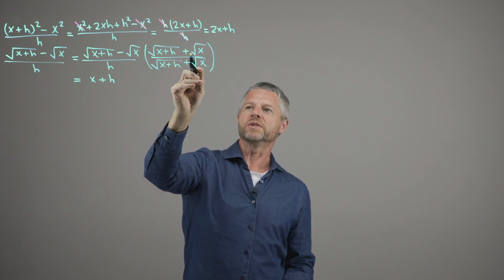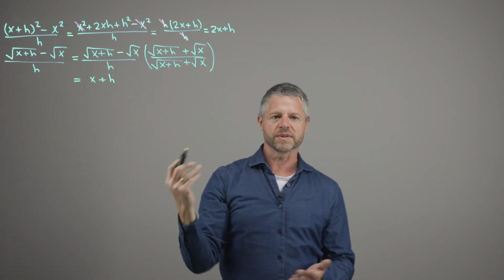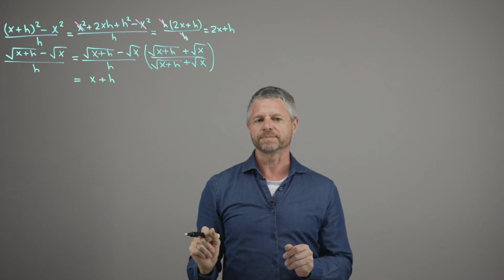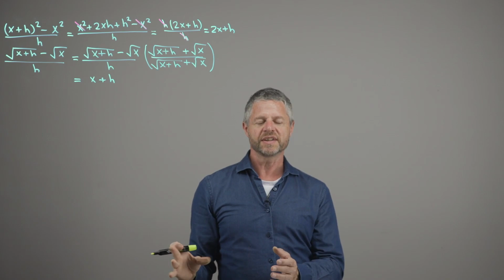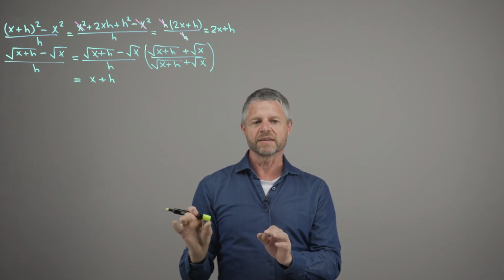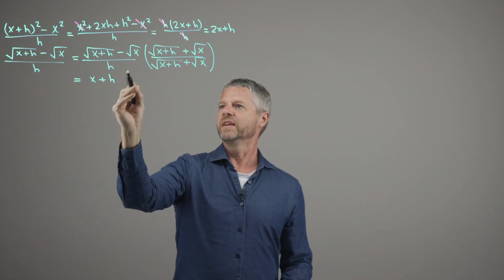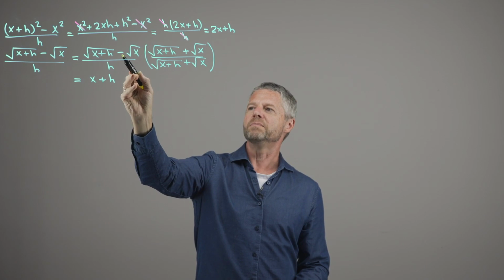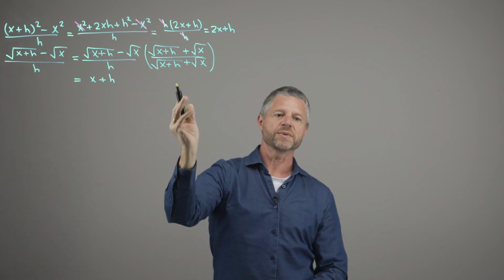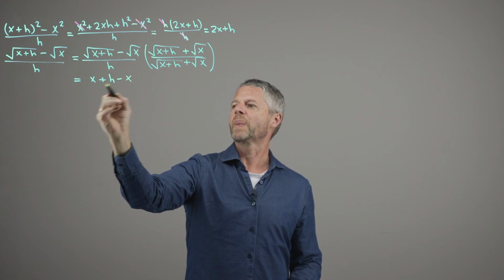But I've also got square root of (x plus h) times the square root of x with a positive sign. So those two will cancel out. That's the idea behind using conjugates, is some of the partial products end up cancelling each other. And then the only other piece I have to worry about is minus square root of x times plus square root of x. So that's just minus x.